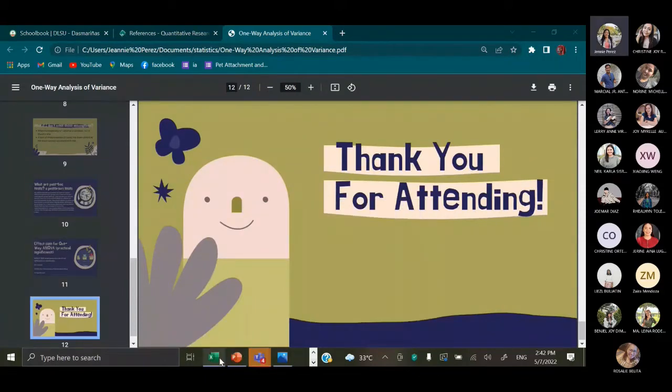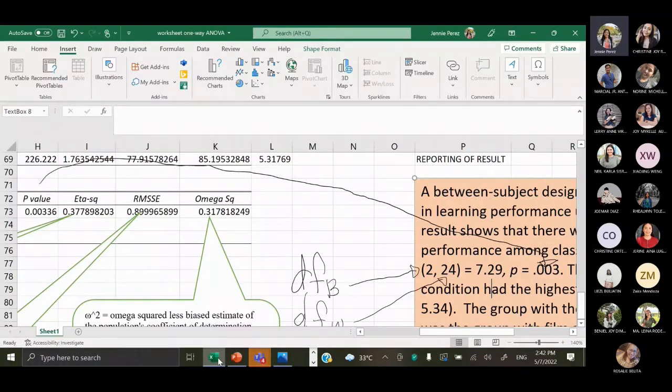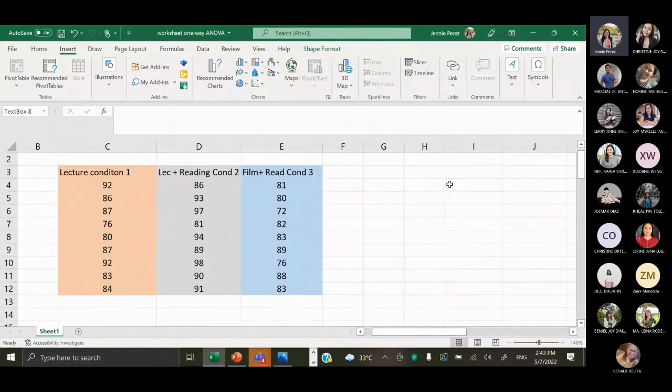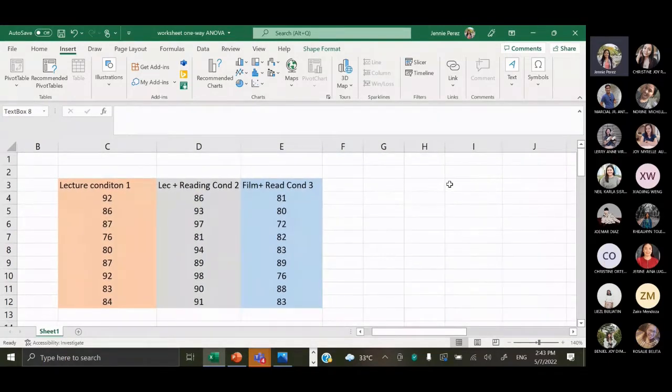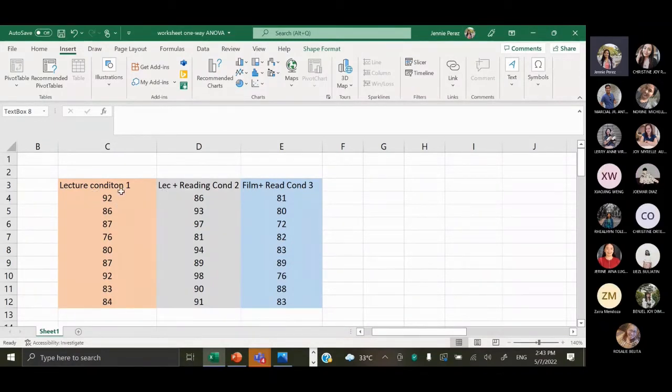Okay, so we have an exercise here. Okay, we have here a teacher, kunwari kayo. You are a teacher, and you want to know, would there be a difference in learning performance among your students who would be subjected to three different teaching methods? One teaching method would be the lecture condition. Then the other group would be the lecture with reading condition.